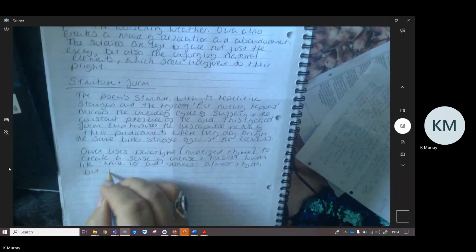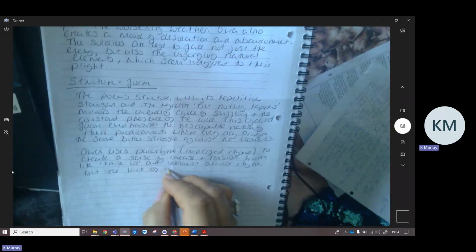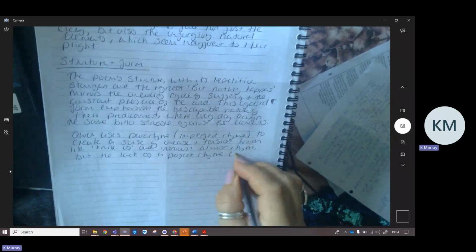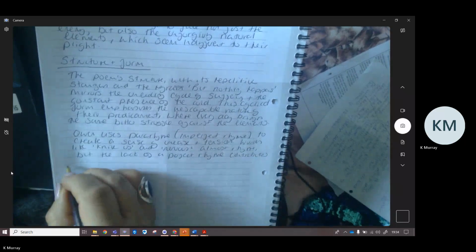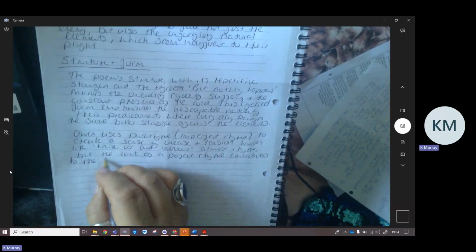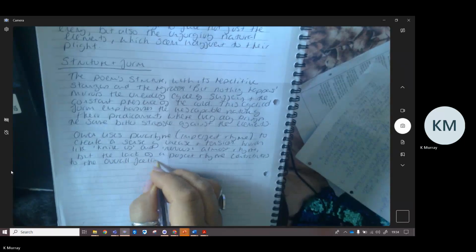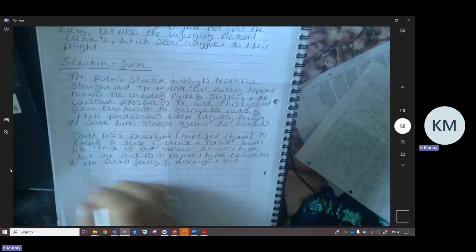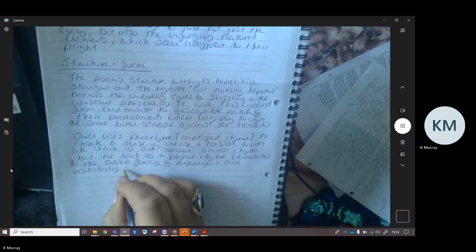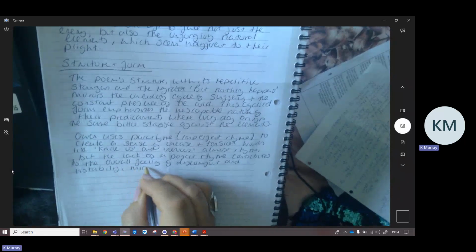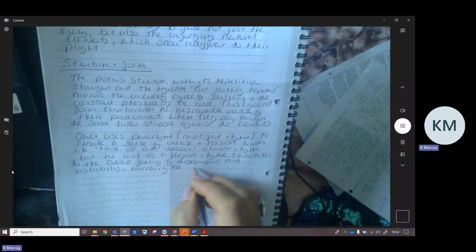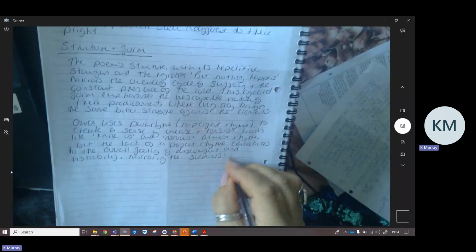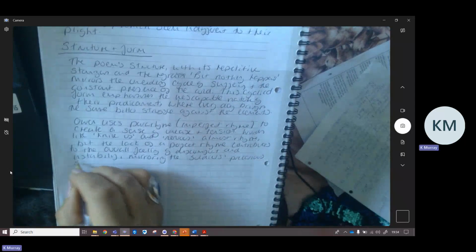But the lack of a perfect rhyme contributes to the overall feeling of discomfort and instability, and that mirroring, that's ever so difficult to say, mirroring the soldiers, the apostrophe again, the soldiers' precarious situation.